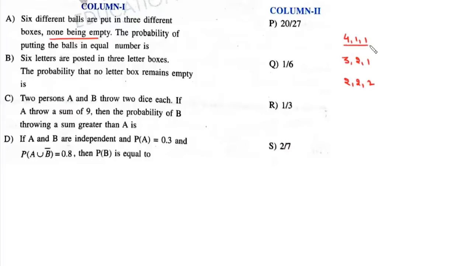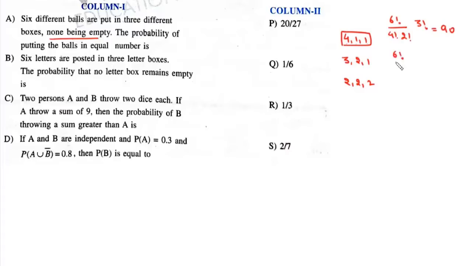Now first we'll distribute them as 4, 1, 1. It can be done in factorial 6 divided by factorial 4, and since we have 2 ones, factorial 2, and then we can arrange these 3 groups in 3 boxes in factorial 3 ways. So there are 90 ways possible. Now how about 3, 2, 1?